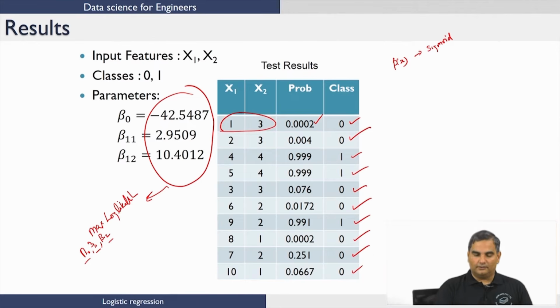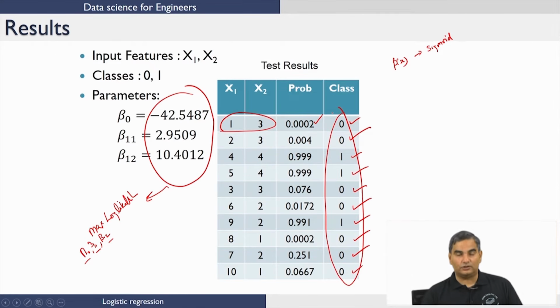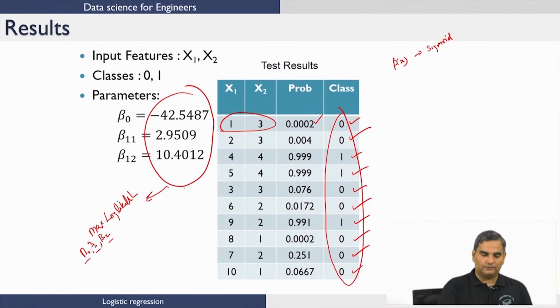As I mentioned in the previous slide, what we wanted was to fill this column, and if you go across a row, it says which class that particular sample belongs to. So, now we have classified these test cases, which the classifier did not see while you were identifying these parameters.